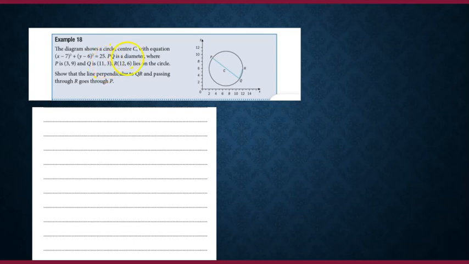PQ is a diameter where P is given at the point 3, 9 and Q is 11, 3. R is 12, 6. It lies on the circle. Show that the line perpendicular to QR, this line here, QR, and passing through R goes through P.